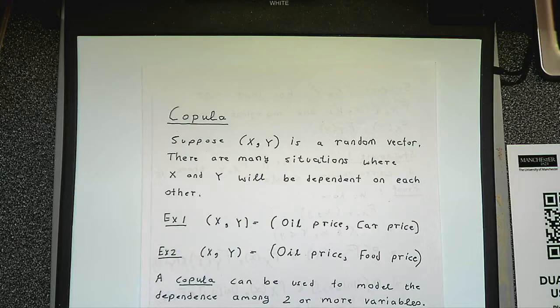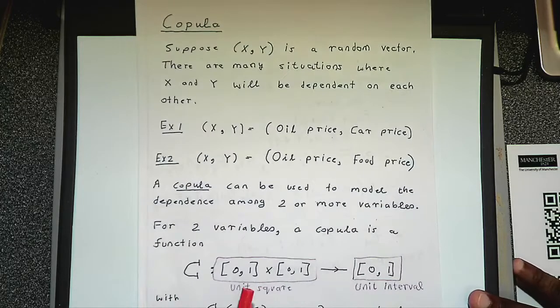But in this course, I will only talk about the case of two variables. For two variables, a copula is, loosely speaking, a function from the unit square to the unit interval. So this is the unit square, and this is the unit interval.